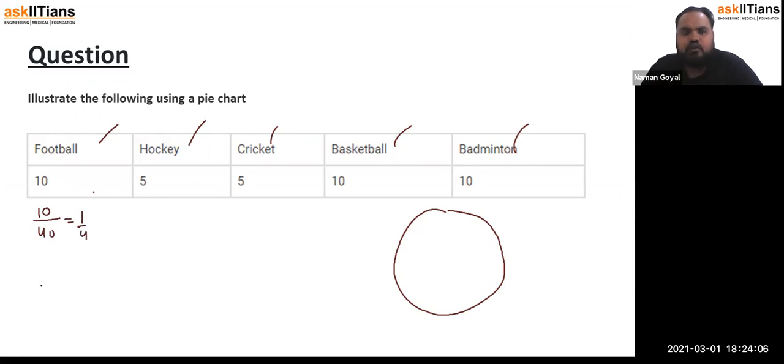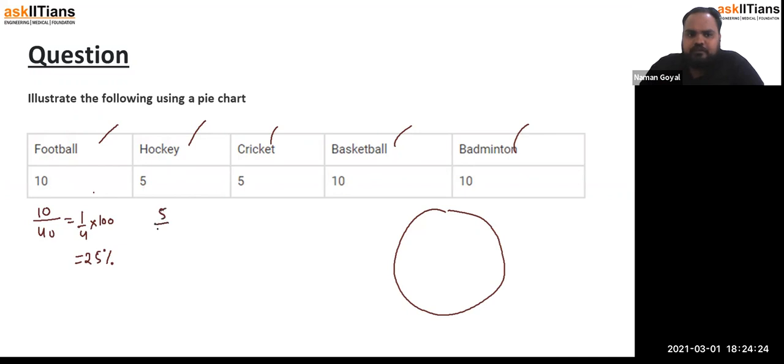If I'm talking about percentage, how much percent it covers, we have to multiply it by 100 also. So how much does it give? 25%, right? Are you getting my point? Next is hockey.